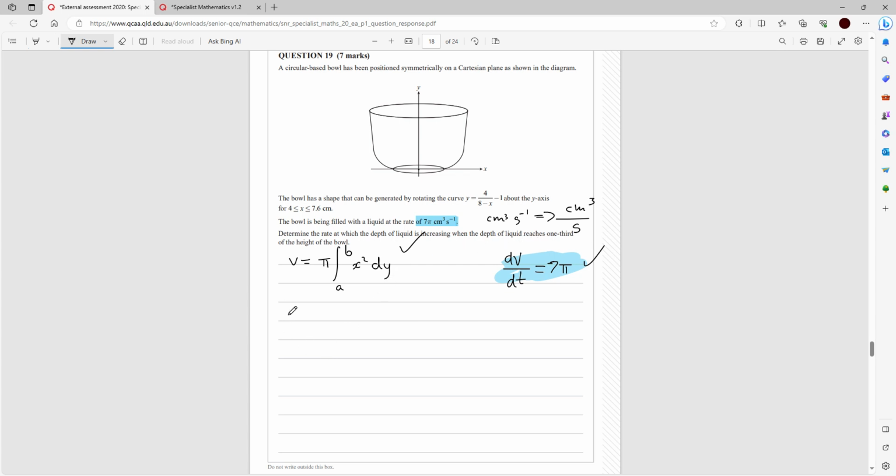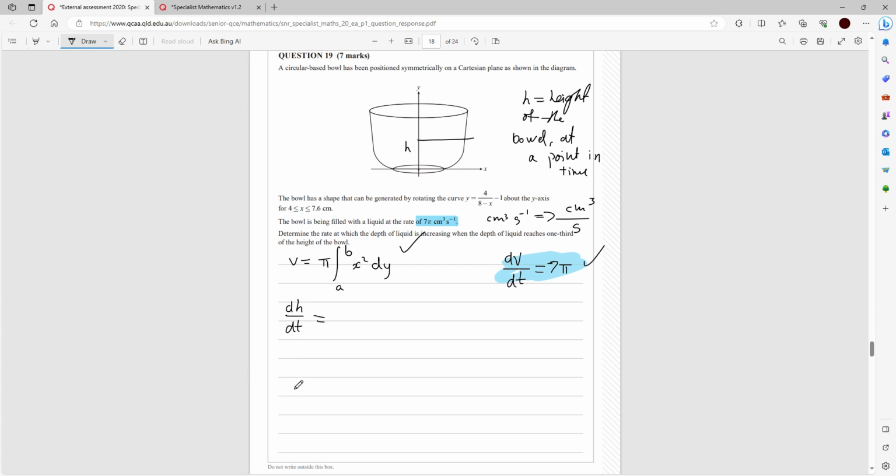So we're looking for dh dt, where h is the height of the bowl at a point in time.